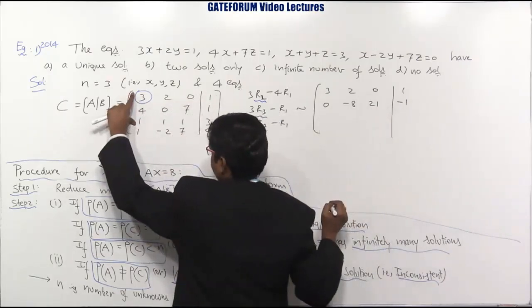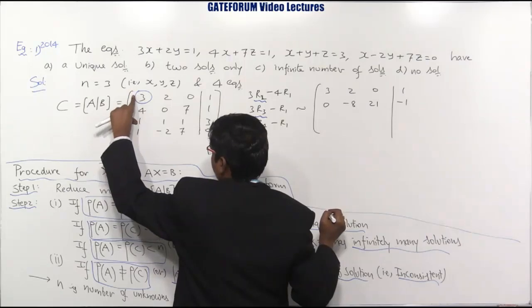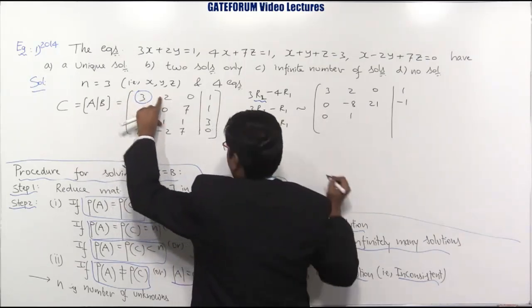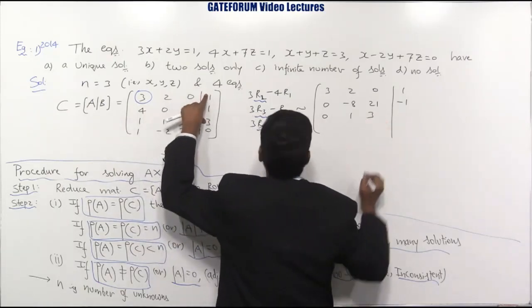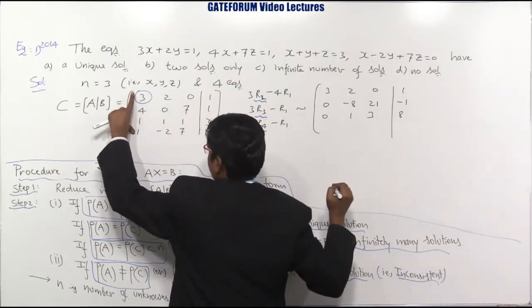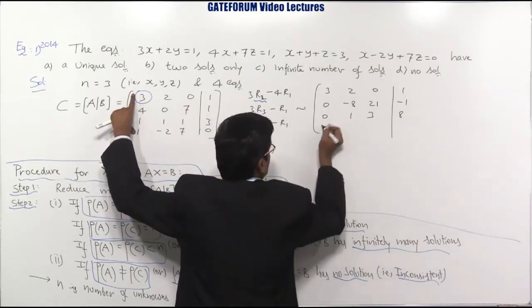Next, R3 with R1: 3R3 minus R1. So 3 into 1 minus 3 becomes 0. 3 into 1 minus 2, 1. 3 into 1 minus 0 simplifies to 3. 3 into 3 minus 1, that is 8. Next, R4 with R1: 3R4 minus R1. So 3 into 1 minus 3, that is 0.